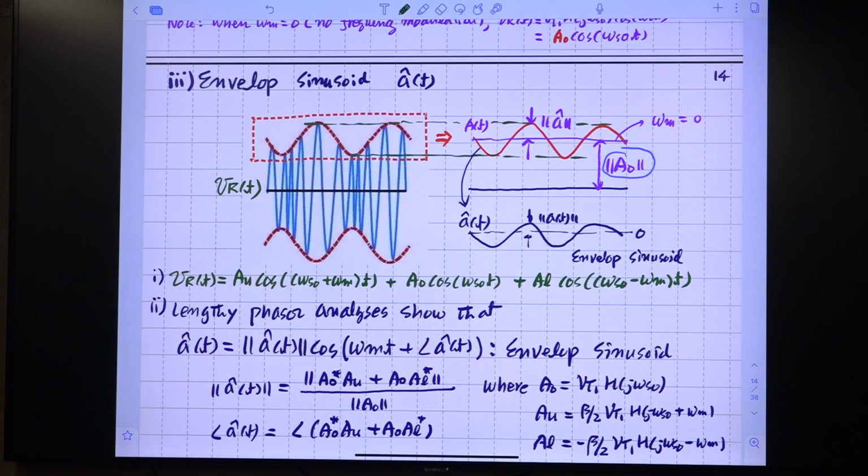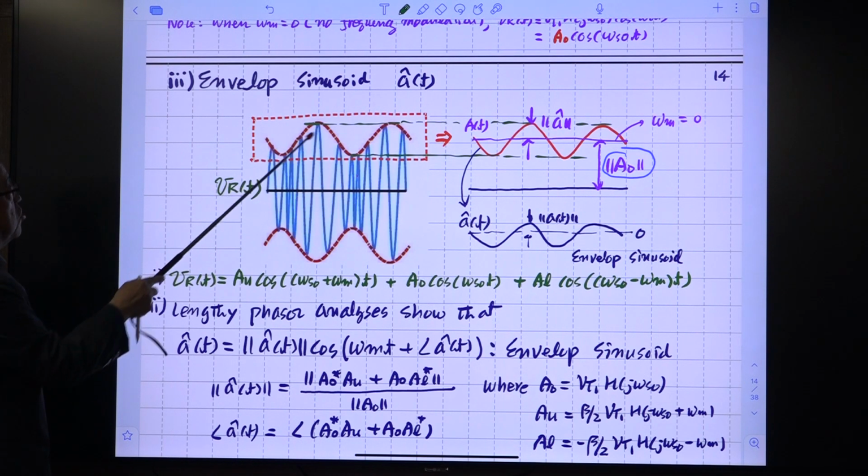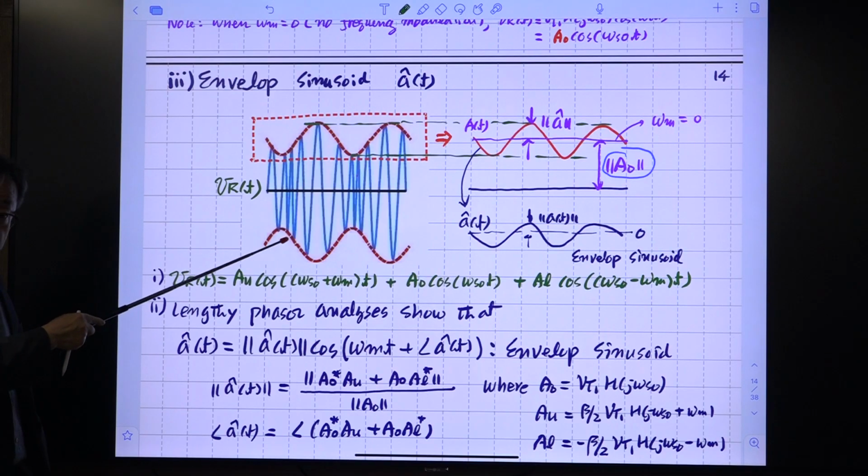This is the output of the tank function, the tank network. This is amplitude modulated and phase modulated. So this is a combination of amplitude modulated and phase modulated, frequency modulated sinusoid.